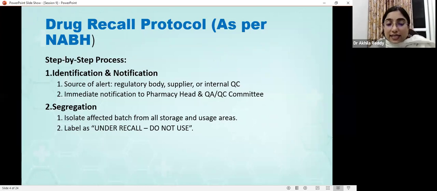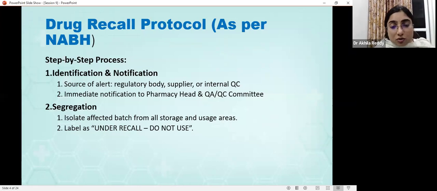The next thing is segregation. How can we segregate? Isolate the affected batch. Whenever we get a reaction with the affected batch, we do not need to return the entire molecule from the hospital. We can return only the batch number. There will be different batch numbers in bulk wherever it is stored.